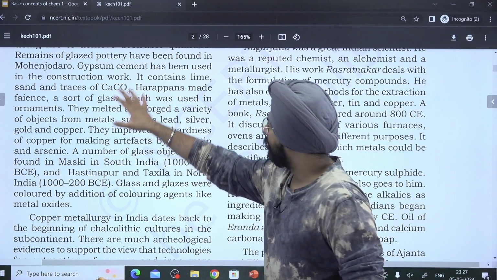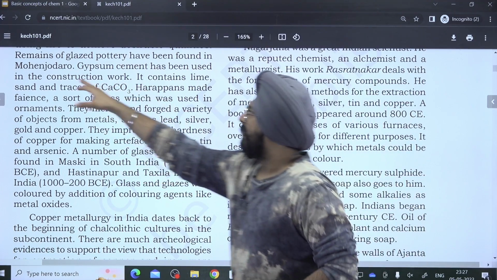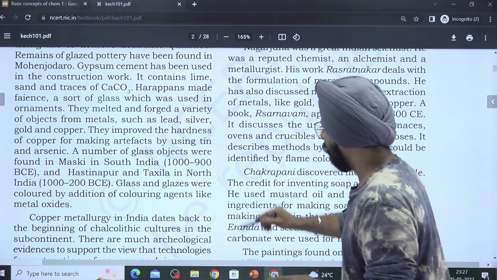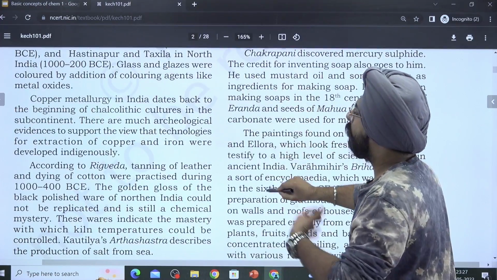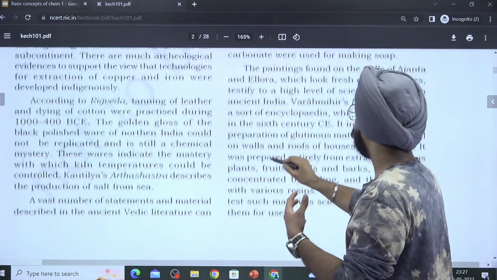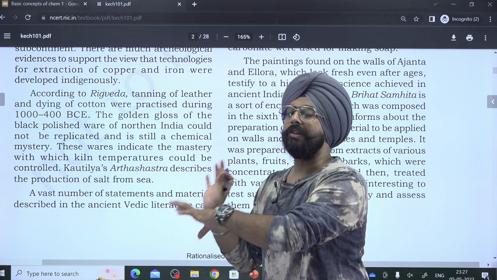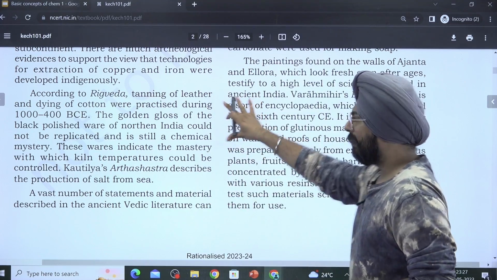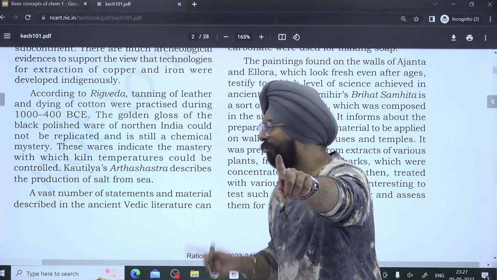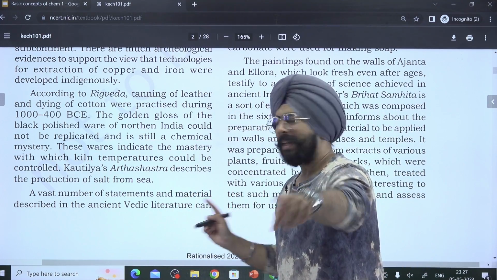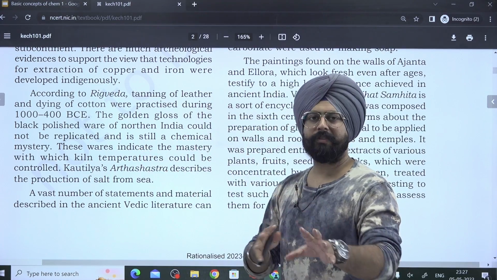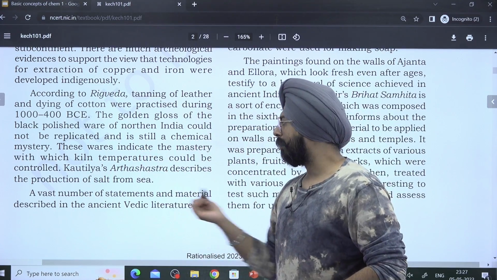They've talked about archaeological evidence, remains of Mohenjo-daro. So how chemists came into picture. How did chemistry evolve, especially looking at it from India's ancient history standpoint. So it's very interesting to read. And that is why I've showed this to you. This particular thing, if you have the book, perfect. If not, this is available online for free.